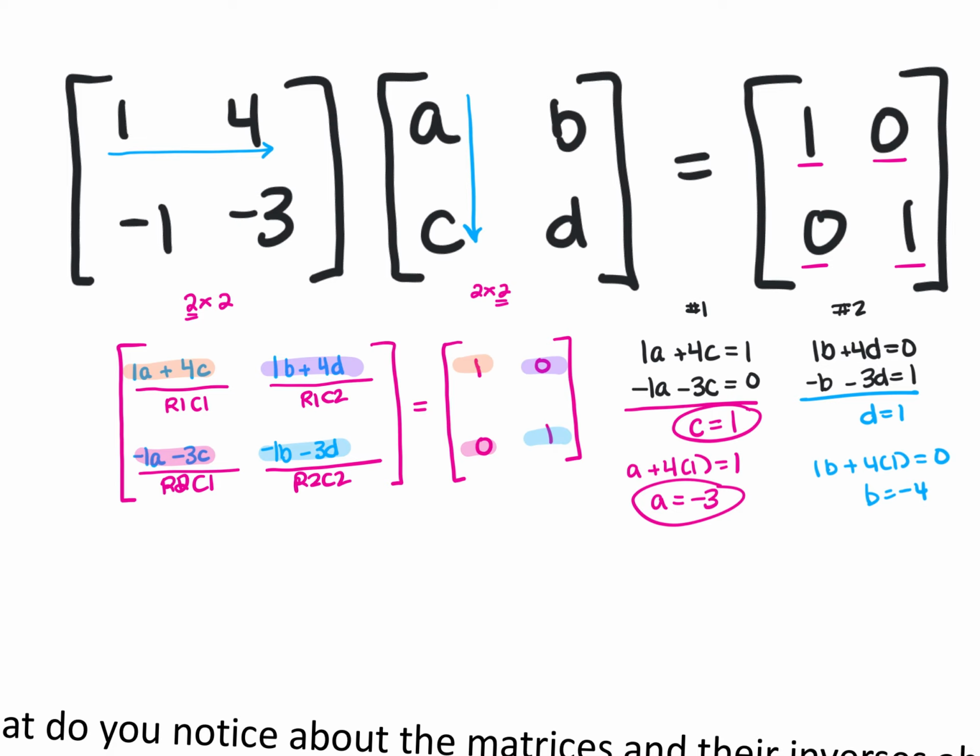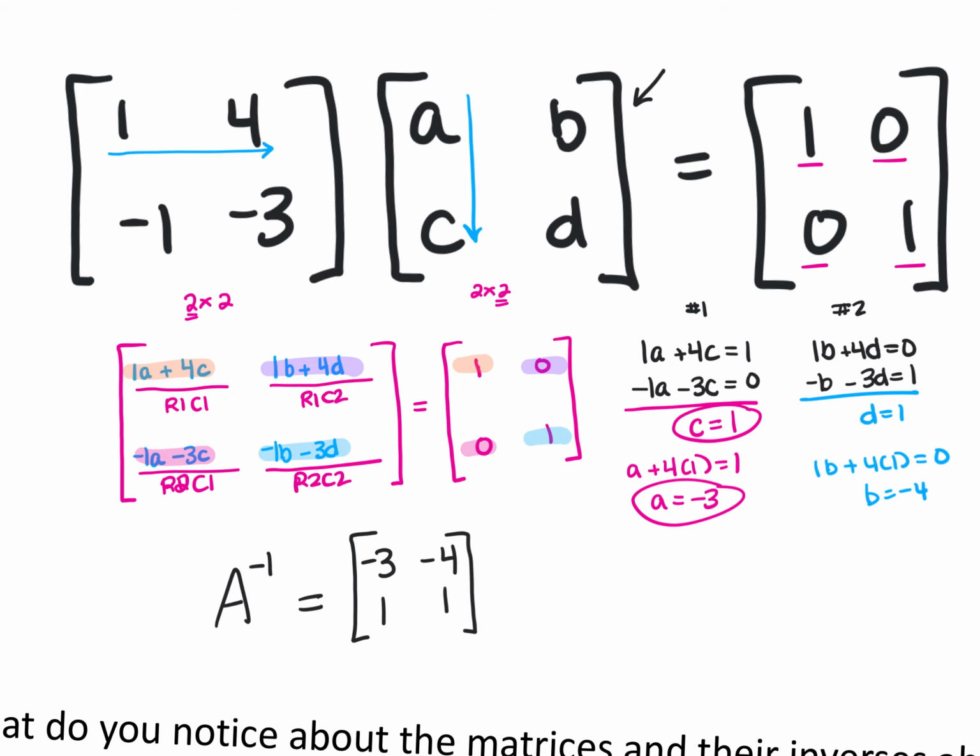This matrix up here that I said will be the inverse for my original matrix ends up looking like this. We know that A is negative 3. We know that B is negative 4. We know that C is 1. And we know that D is 1. So this is the inverse of matrix A.